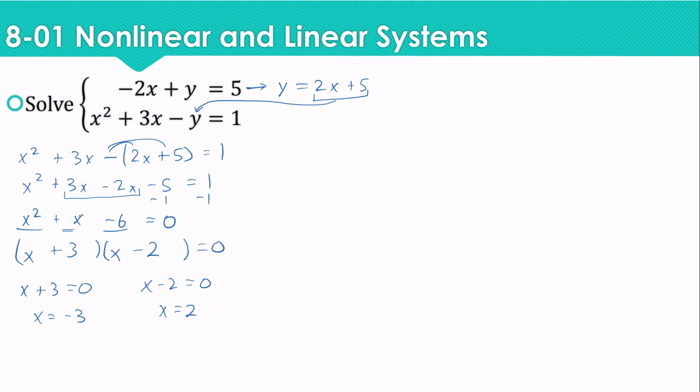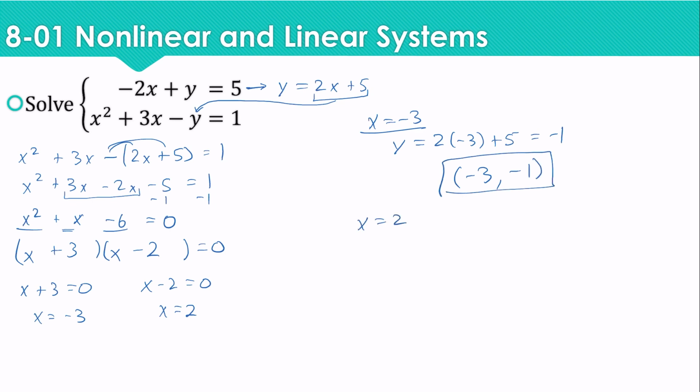So to find the y, we're actually going to do each of those separately. So if x equals negative 3, I'll plug it into y equals 2x plus 5, which gets me negative 1. So that answer would be x was negative 3, y was negative 1.